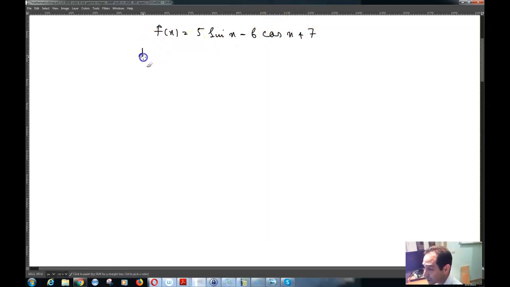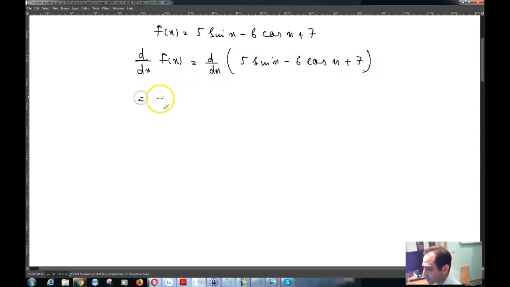So d by dx of f of x is equal to d by dx of 5 times sine x minus 6 times cos x plus 7, which is the same thing as d by dx of 5 times sine x minus d by dx of 6 times cos x plus d by dx of 7.